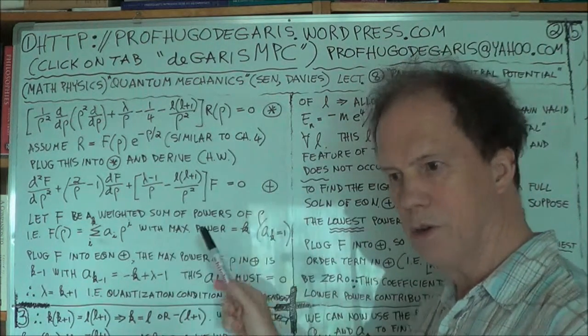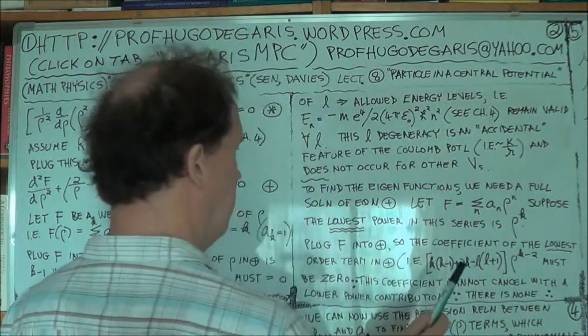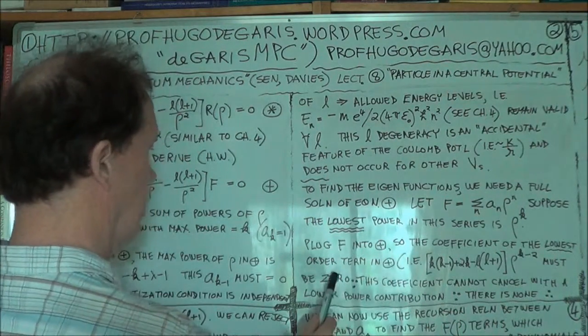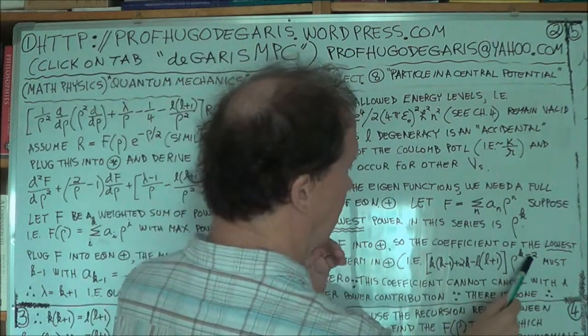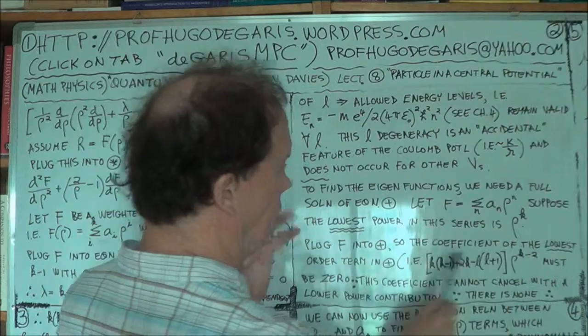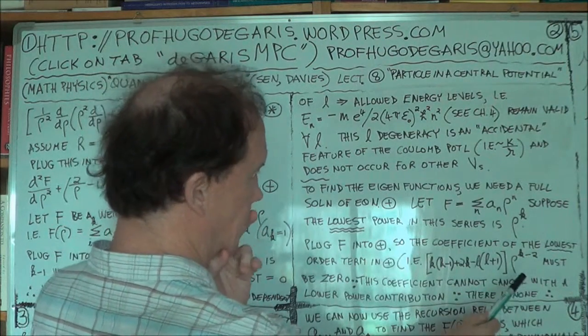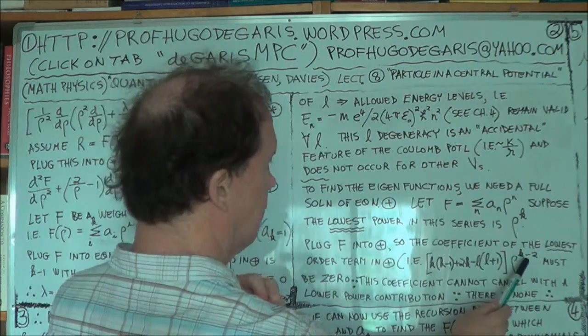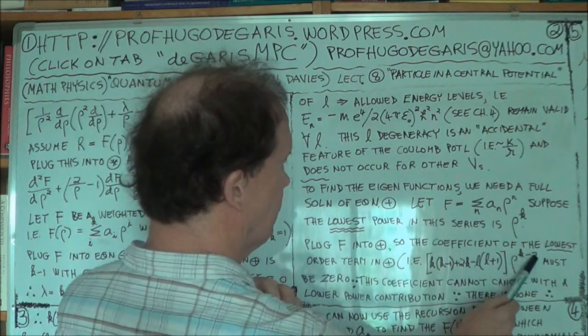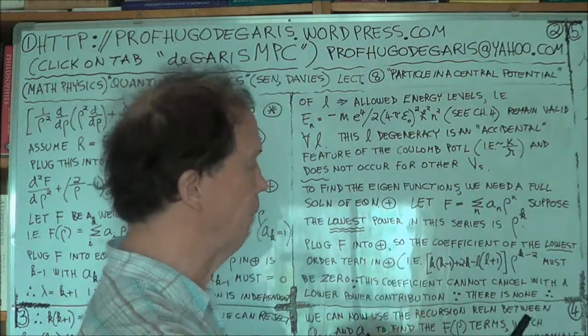Then look at the coefficient of the lowest power of what you get, and it will be k minus 2, the lowest power. Right? Now why?